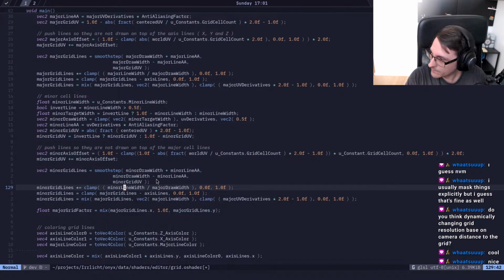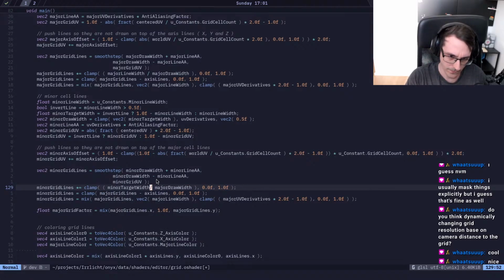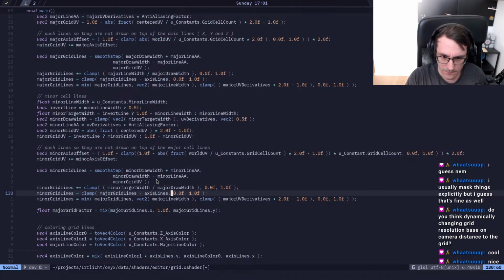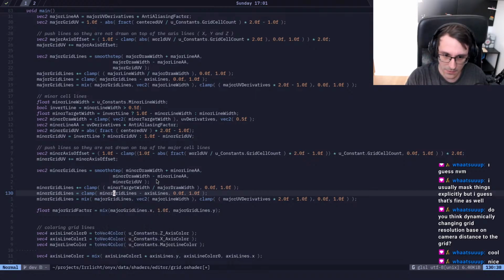Minor line width. Well, sorry, the minor target width divided by the major draw width. And this is minor grid lines versus the axis lines. Yeah.